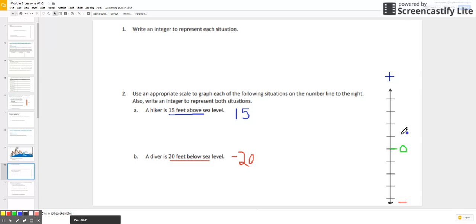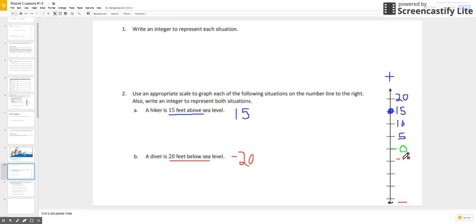Let's go by 5s. So I went 5, 10, 15, and this is 20. I want to finish that out. And we're going to go ahead and mark our 15 spot because that is for A. And now I would want to do the same thing going in the negative direction.